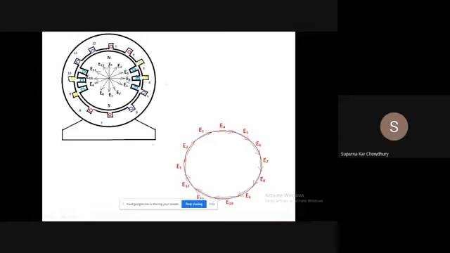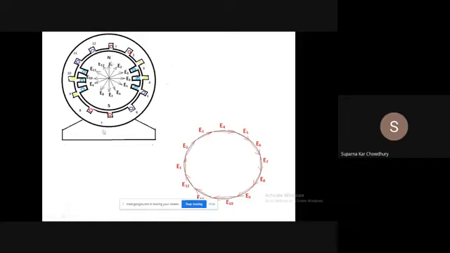But what is the instantaneous value? The instantaneous value for any particular winding will be given by the projection of the EMF phasor along the field axis for that particular instant. See whether it is true or not.